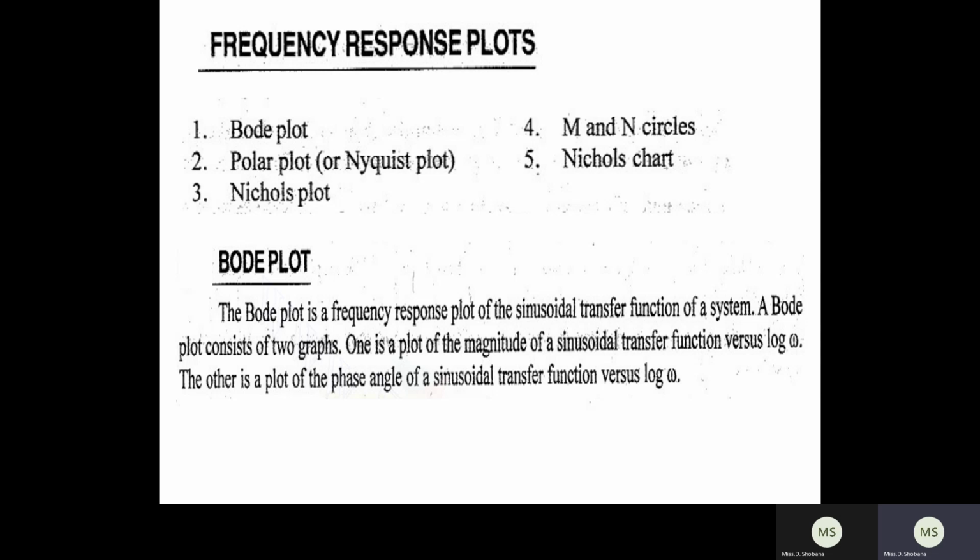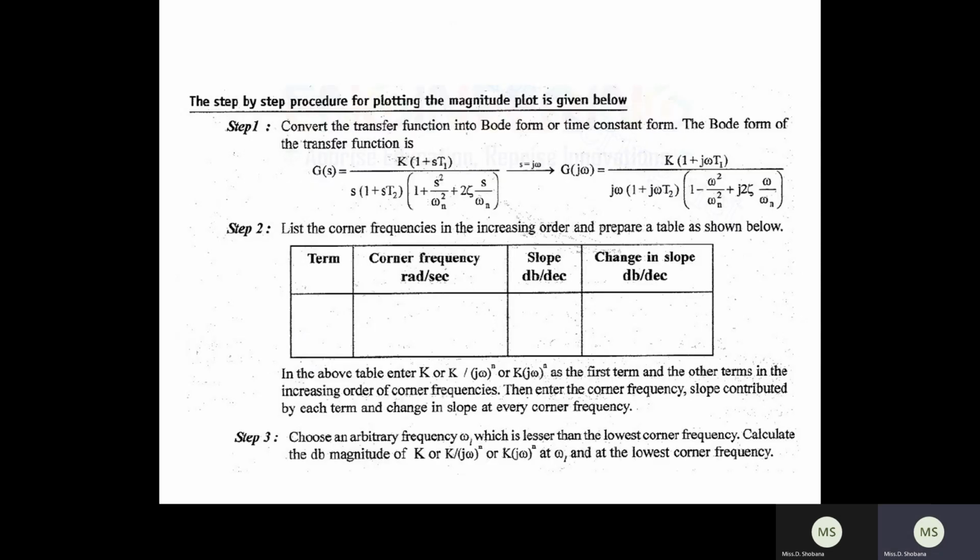Now we have to discuss how to draw the Bode plot with the step-by-step procedure. In step 1, we have to understand the nature in which the transfer function has been given, whether it is given in s plus term or 1 plus s term. You have to observe the transfer function first. If it is given in 1 plus s term, directly you can replace s with j omega.